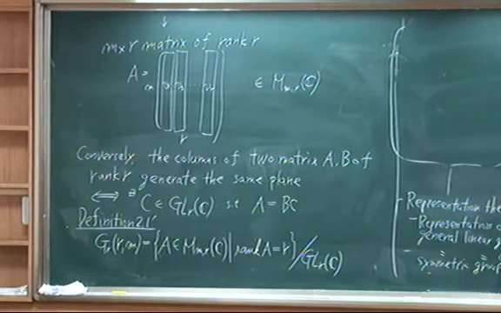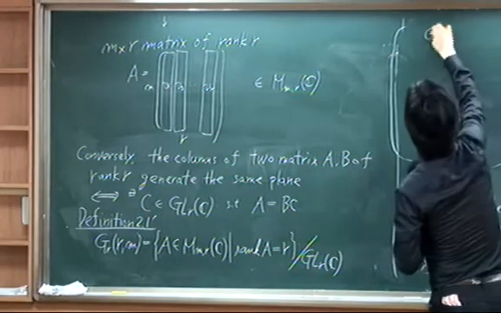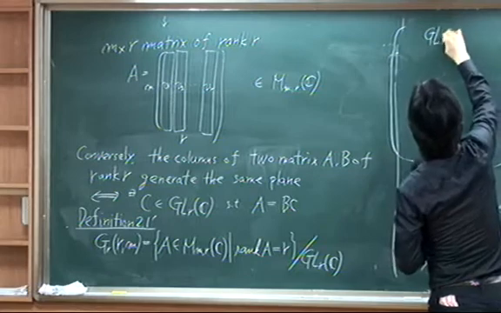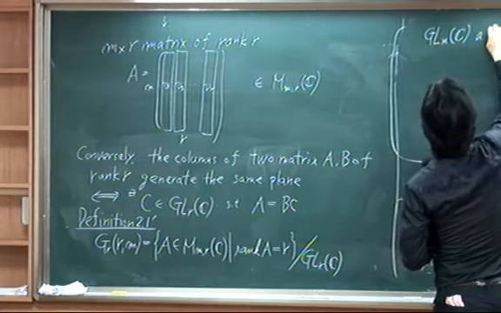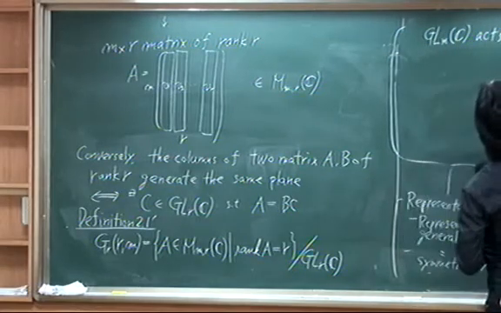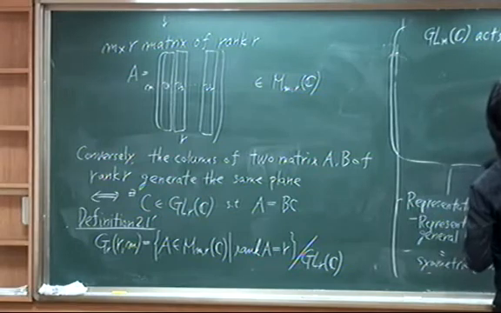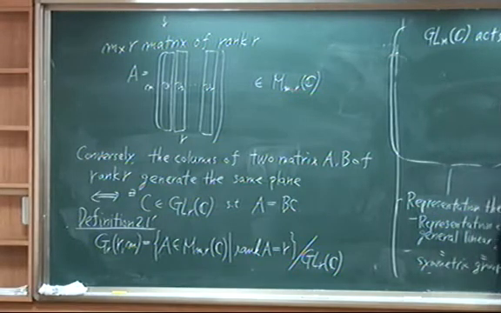And also, the Grassmannian is represented as a homogeneous space, which I'll explain. GL_m(C) acts transitively on the Grassmannian.